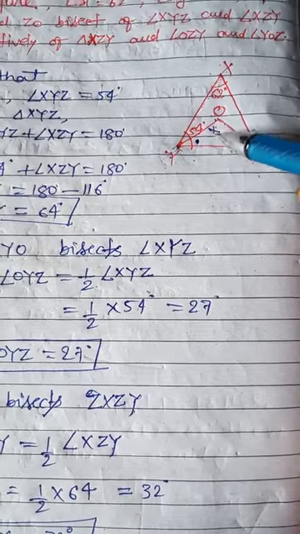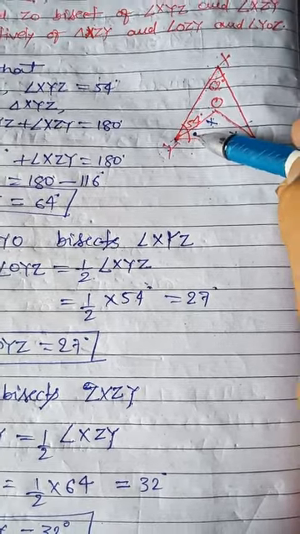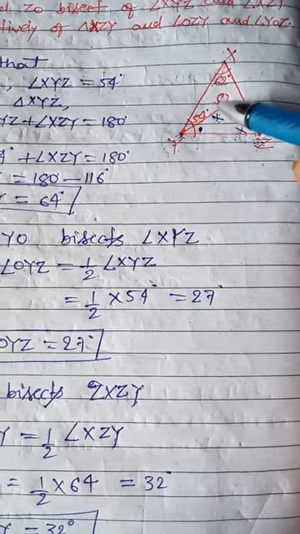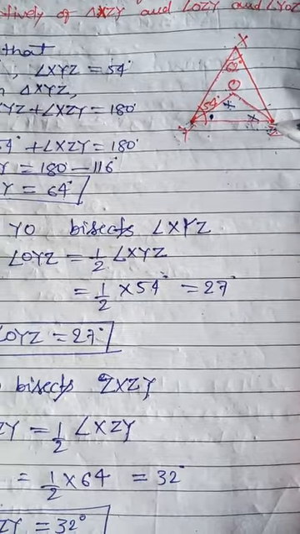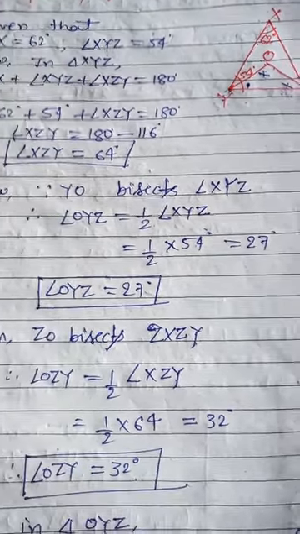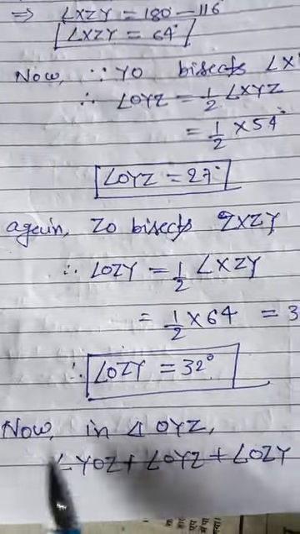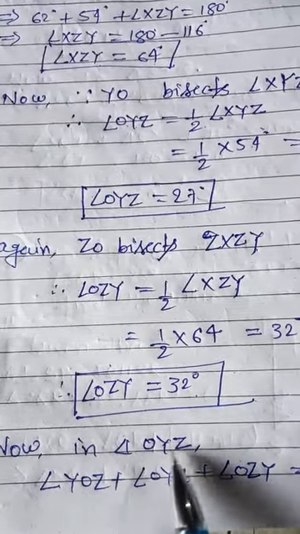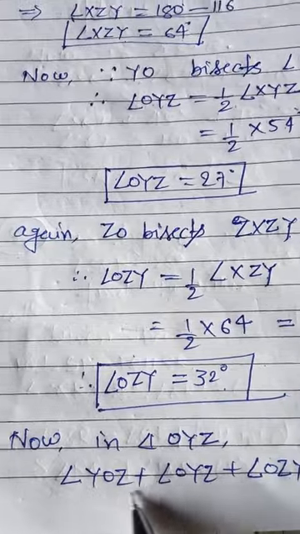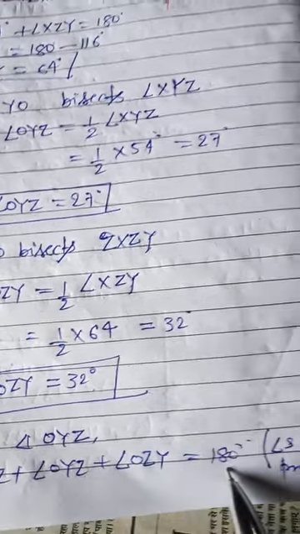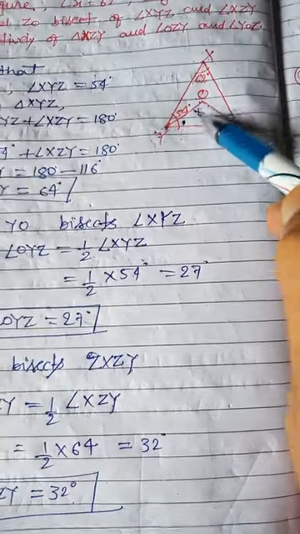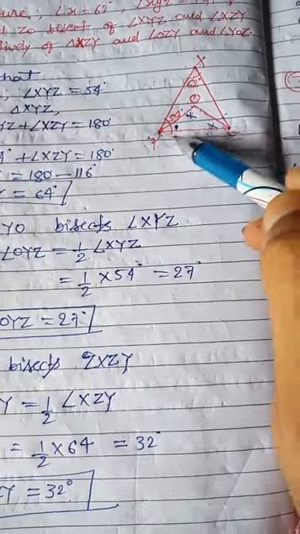Now in this triangle we find the value of this angle, so we can find the value of YOZ by using the angle sum property of a triangle. So we can apply it here. Now in triangle OYZ, angle YOZ plus angle OYZ plus angle OZY is equal to 180 degrees, the sum of these three angles.